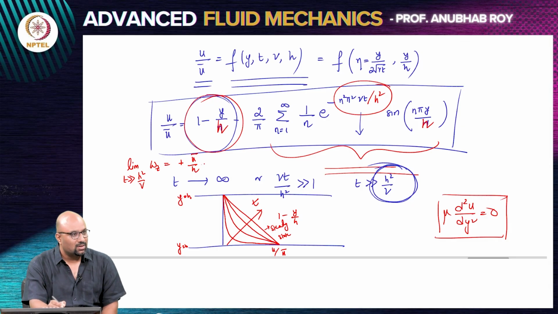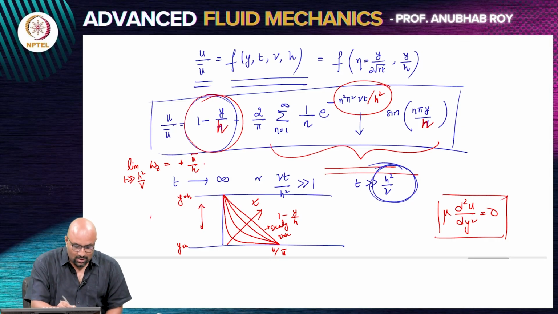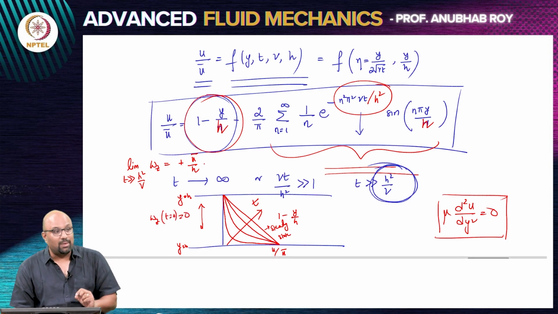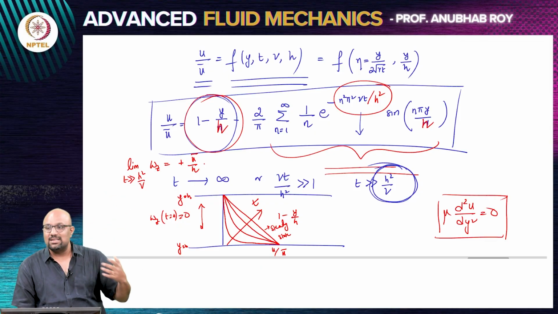So initially the fluid was at rest, which means there was no vorticity in the fluid in the gap. So omega z at t equals 0 was 0 everywhere other than at the bottom plate where you have introduced this vortex sheet, and this vortex sheet starts to percolate or diffuse into the fluid until in steady state the entire fluid has the same amount of vorticity.